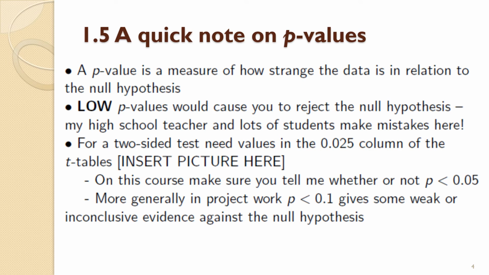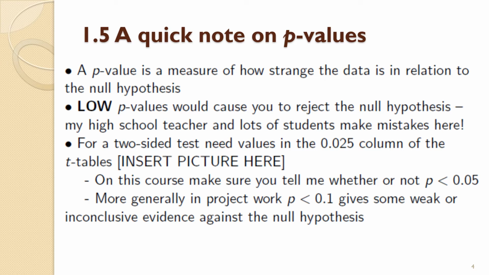Now I wanted to talk a little bit about p-values. This is not difficult, but it is possible to get wrong. A p-value is a measure of how strange the data is in relation to the null hypothesis. Low p-values look odd and would cause you to reject the null hypothesis.